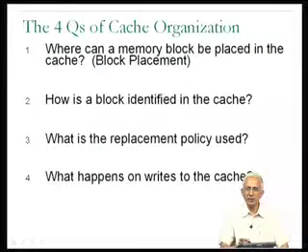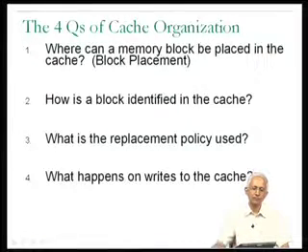Therefore, the choice of replacement policy is clearly going to be important for the successful operation of the cache. And finally, a new question, the kind of question we did not see in connection with virtual memory: what happens on writes to the cache?